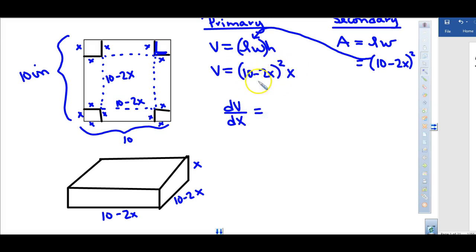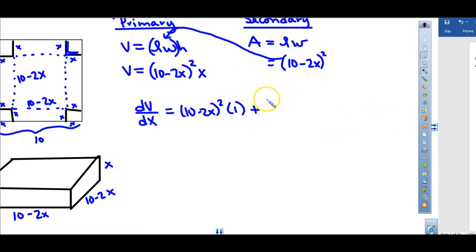So I'm going to keep the 10 minus 2x quantity squared, differentiate x, plus differentiate 10 minus 2x quantity squared by bringing that 2 down in front, bringing down the 10 minus 2x, decreasing that power by 1, and then taking the derivative of the inside, negative 2. So there's my derivative, and then I'm going to keep the x. So I'm going to clean this up a little bit.